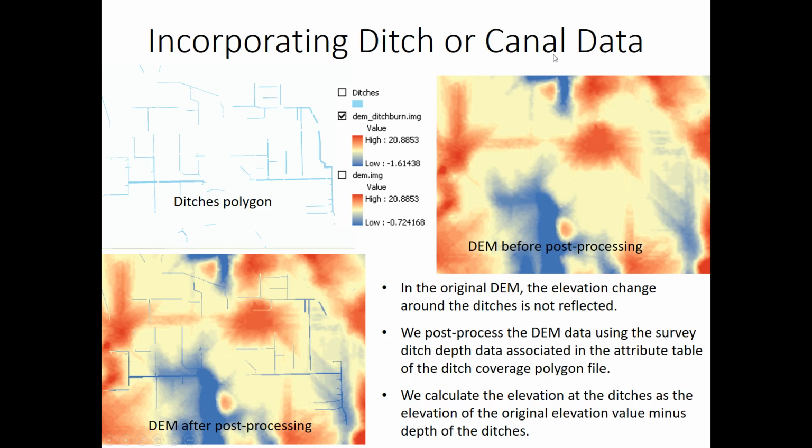And those canals, you can get those ditch data or canal data from a county or a city utility company. They normally have a good survey, right? So let's say this is the DEM we downloaded. There is no information about the ditch polygons, so you have to post-process the DEM using the surveyed ditch data associated with the attribute table.